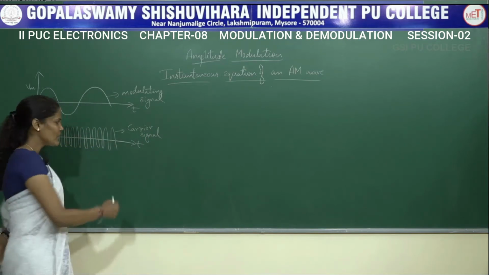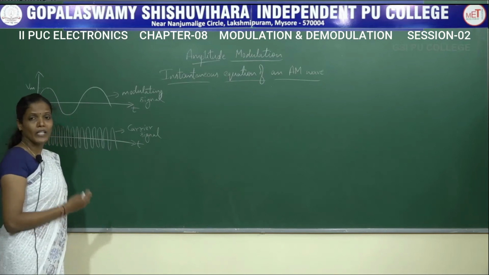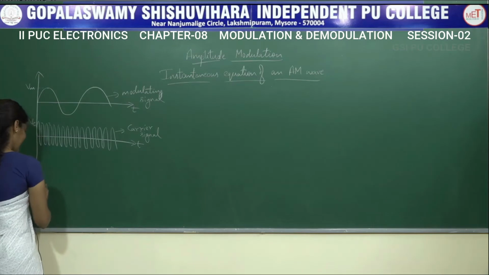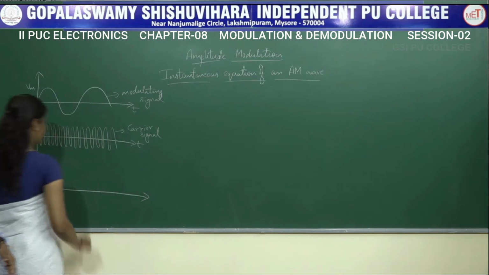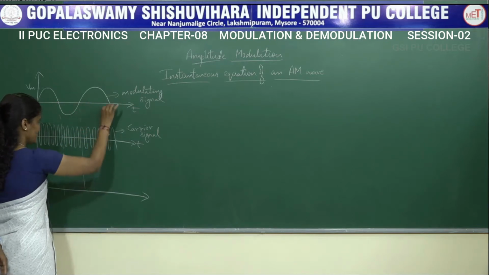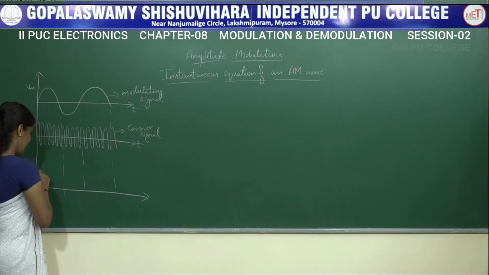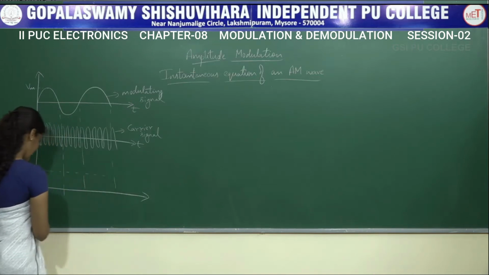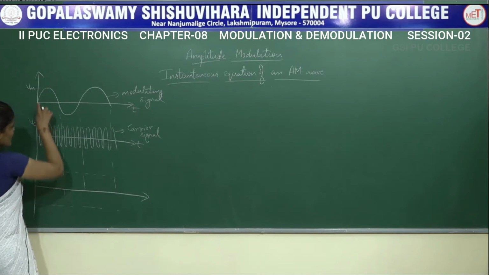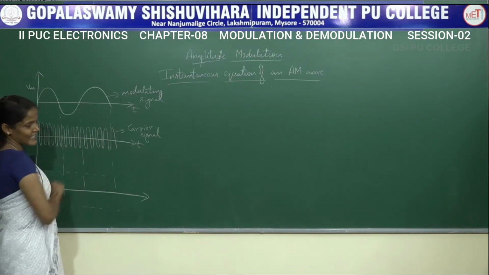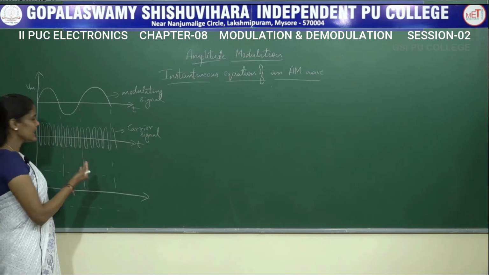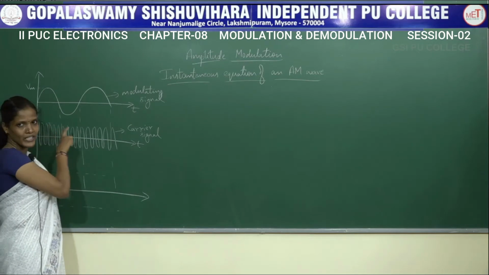Now we have to come up with a new waveform which is called the amplitude modulated wave, and that amplitude modulated wave will be like this. The positive half cycles and negative half cycles must be plotted. This line, let me consider that as Vc, and for the positive half cycle of the modulating signal, the amplitude of this carrier signal will increase ಅಂತ ಹೇಳಿದಾಗ initially its amplitude is equal to Vc.